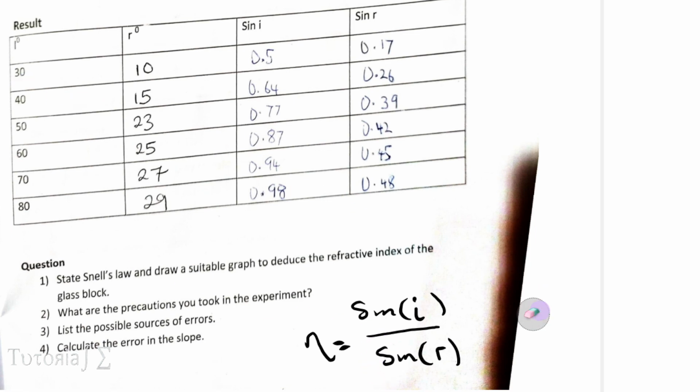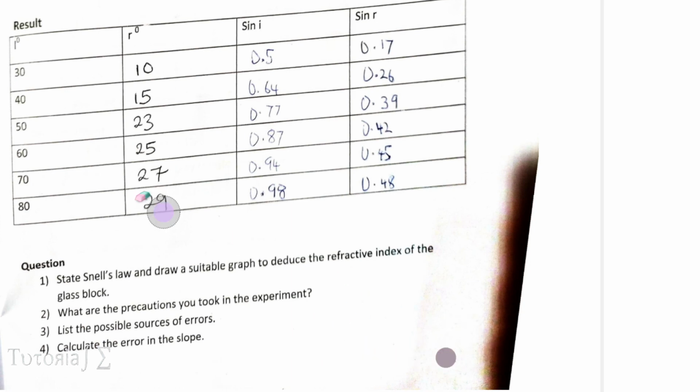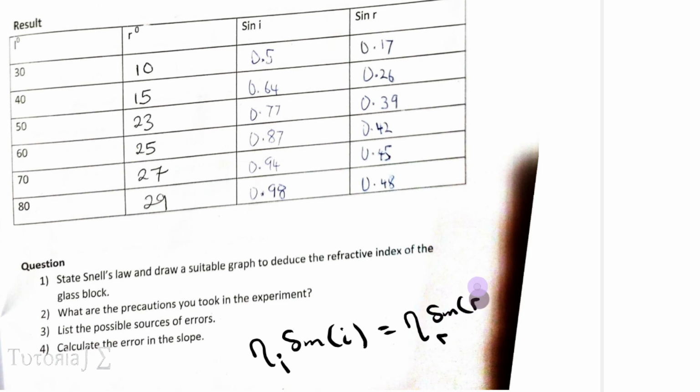Or in other terms, this formula: the refractive index of the incident side times the sine of the incident angle is equal to the refractive index of the refracted side times the sine of the refracted angle. So this is Snell's law in simple terms.